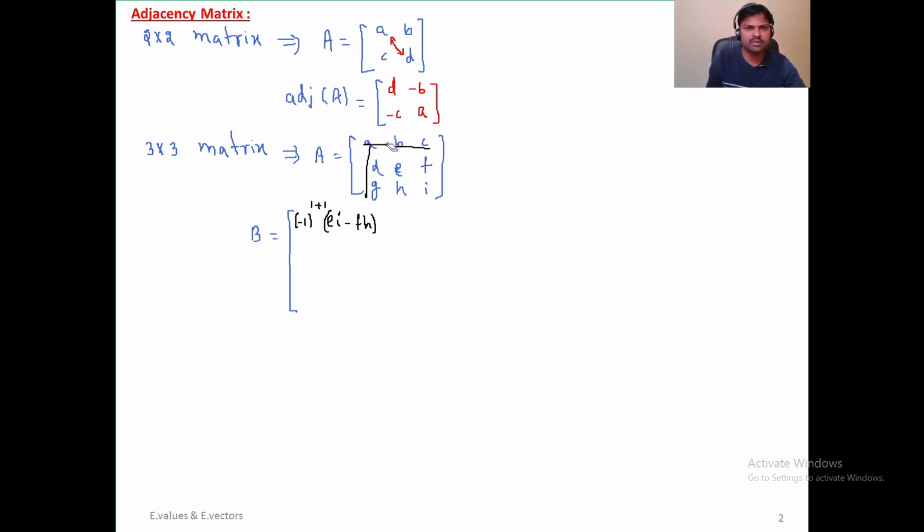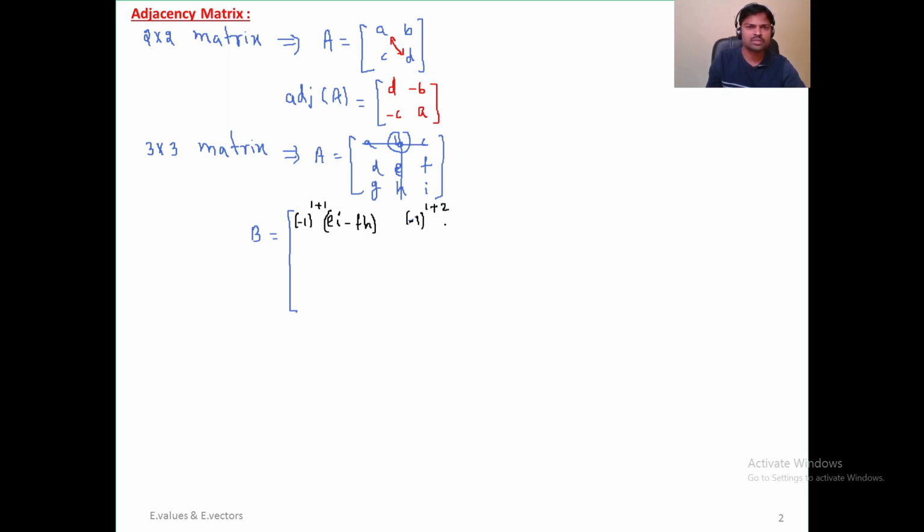Similarly, what is the second entry? With respect to b, we have to expand. So this row and this column will go. The determinant is d into i minus f into g. We are expanding with respect to b, so minus 1 whole to the power of the address of element b, which is first row and second column, that's why 1 plus 2.